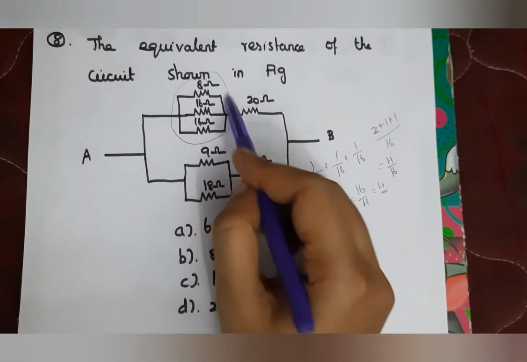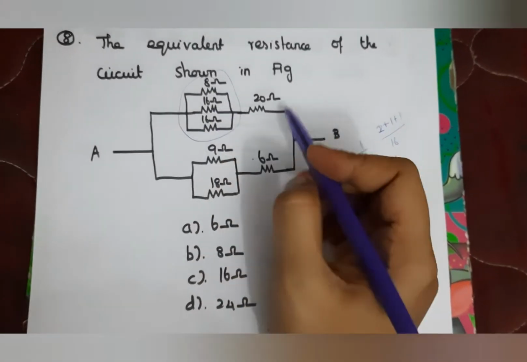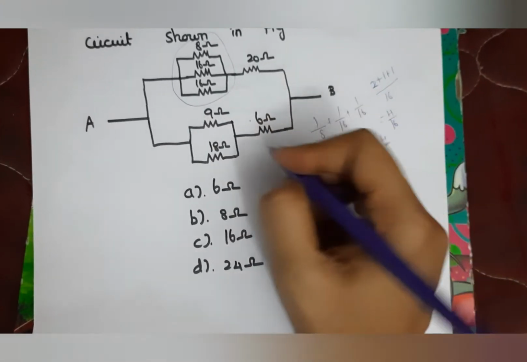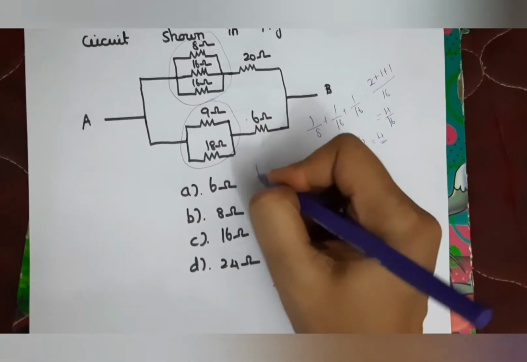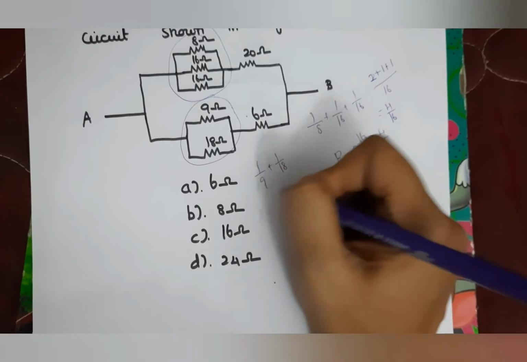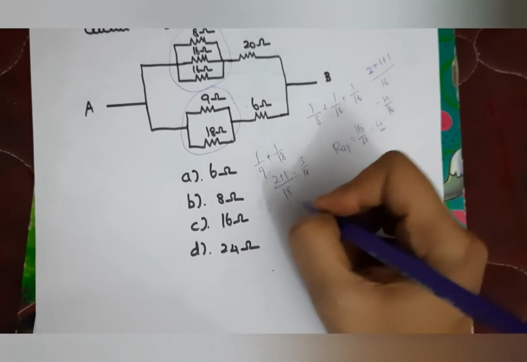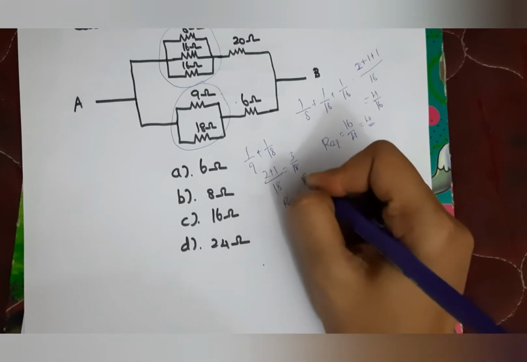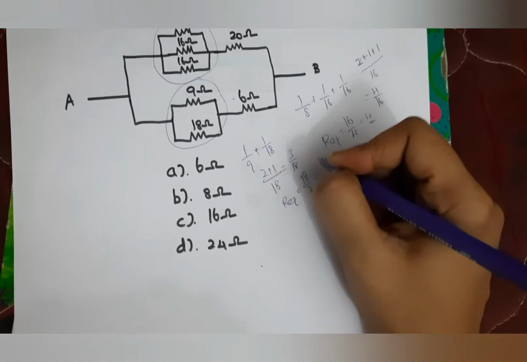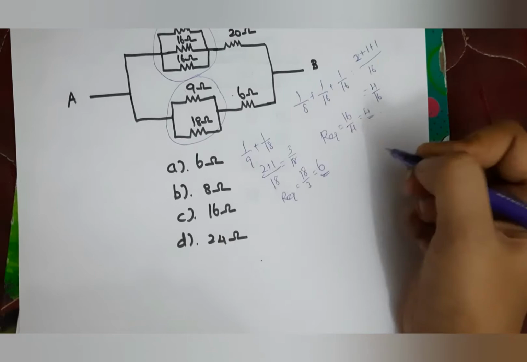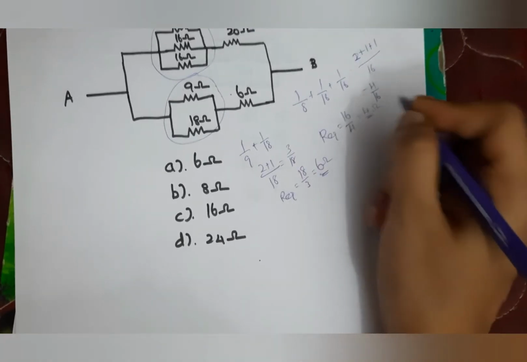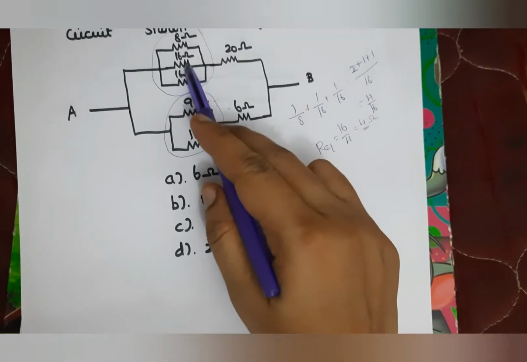So this entire resistance becomes 4 ohm, and considering this now, 1 by 9 plus 1 by 18, and 18 here, 2 plus 1, that is 3 by 18. R equivalent is equal to 18 by 3, that becomes 6 ohm here. So this becomes 6 ohm and this becomes 4 ohm.